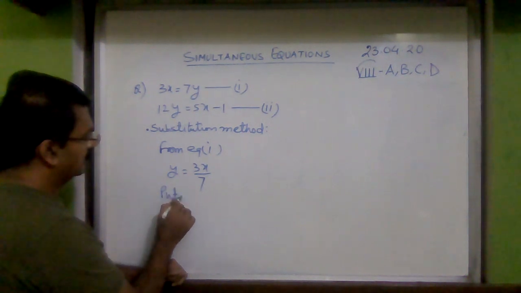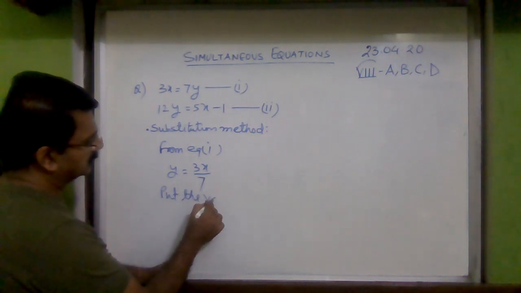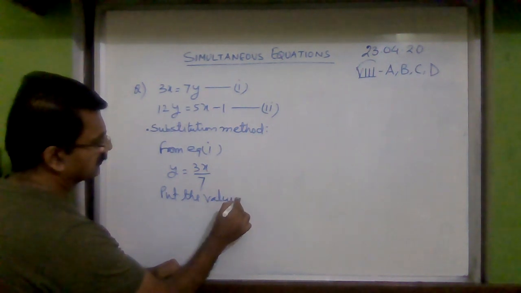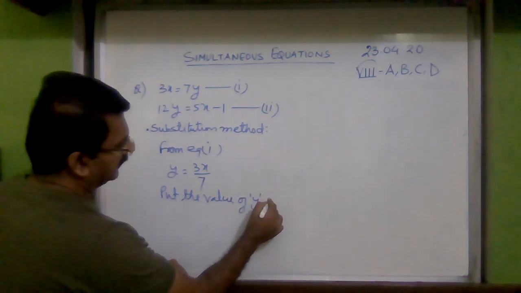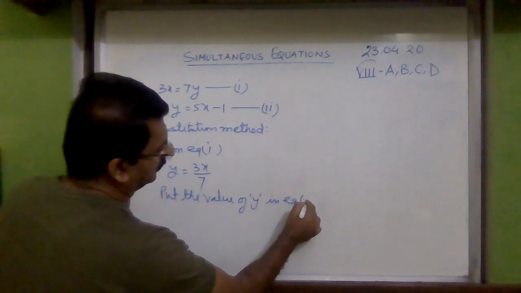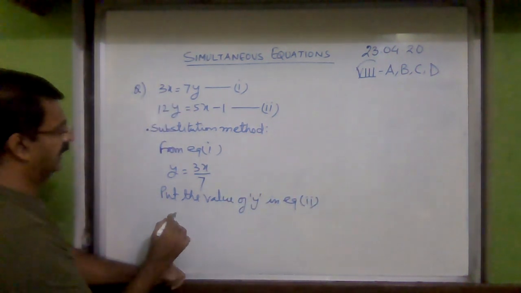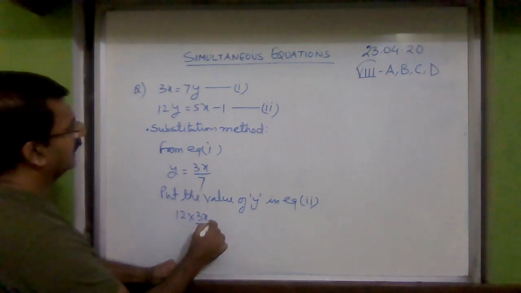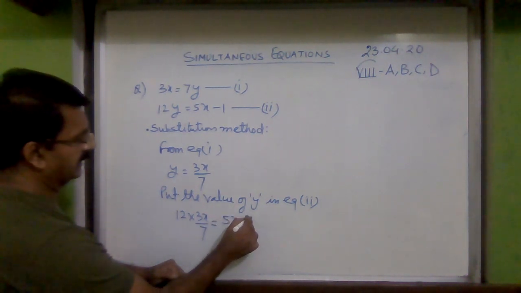Put the value of y in equation 2, that is 12 into 3x by 7 is equal to 5x minus 1.